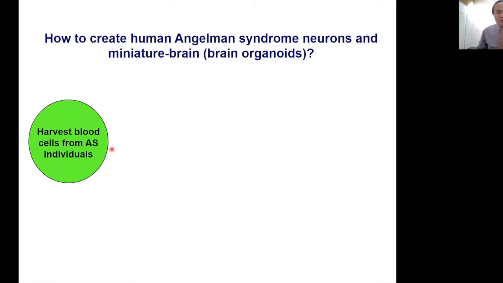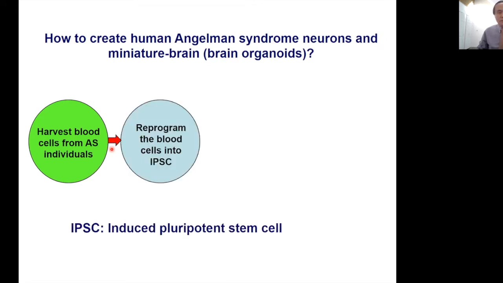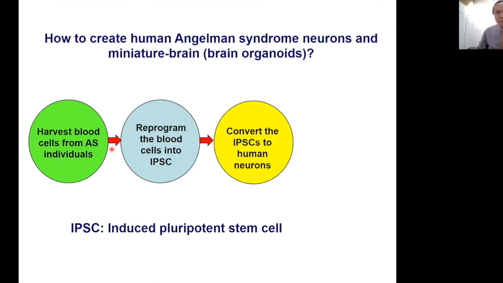So about 10 years ago, scientists developed a new technique that allows us to do that. Step one is to harvest blood cells from an AS individual. Then we can use a very special technique to reprogram the blood cell into the induced pluripotent stem cell, called iPSC.